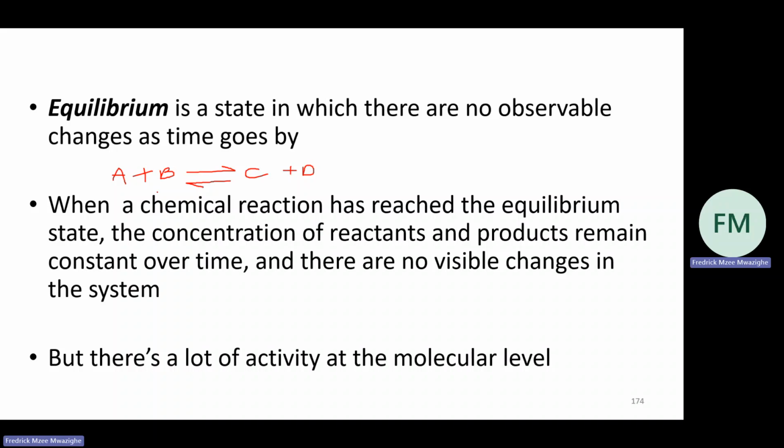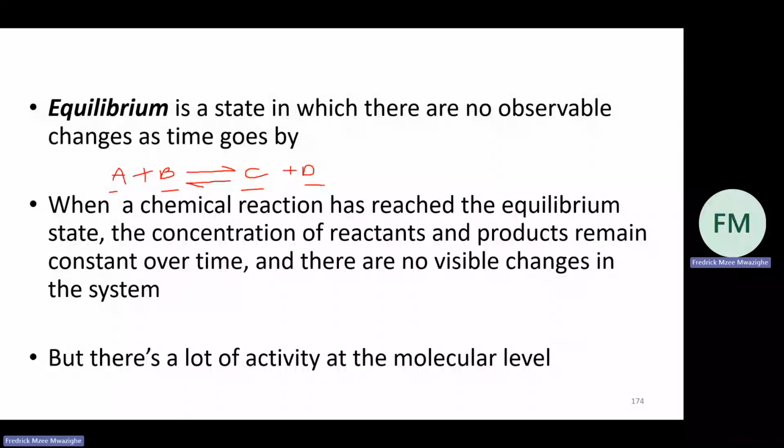So when a chemical reaction has reached an equilibrium state, the concentration of the species in this reaction, that is the reactants and the products, are constant.